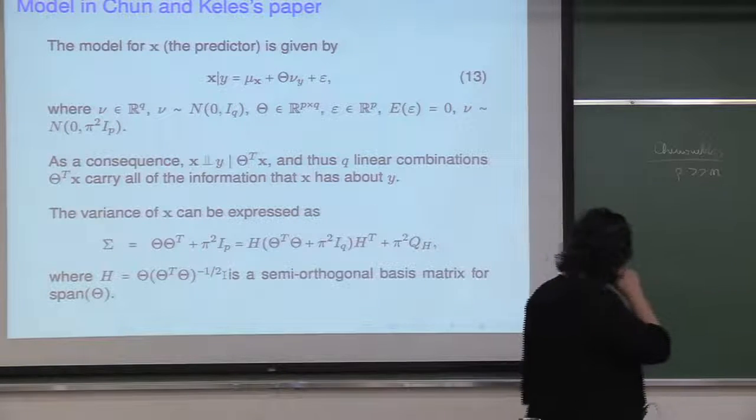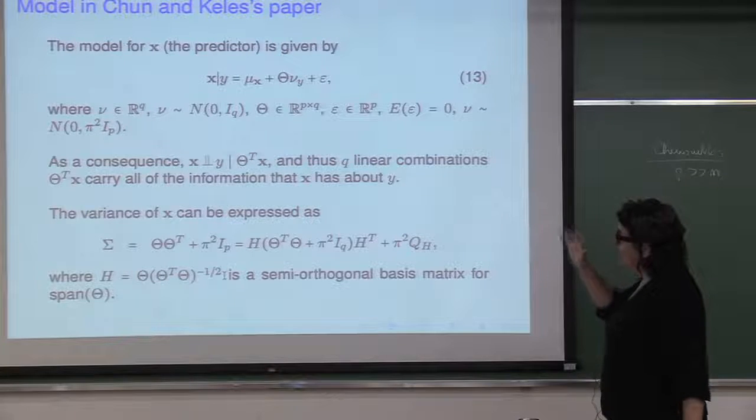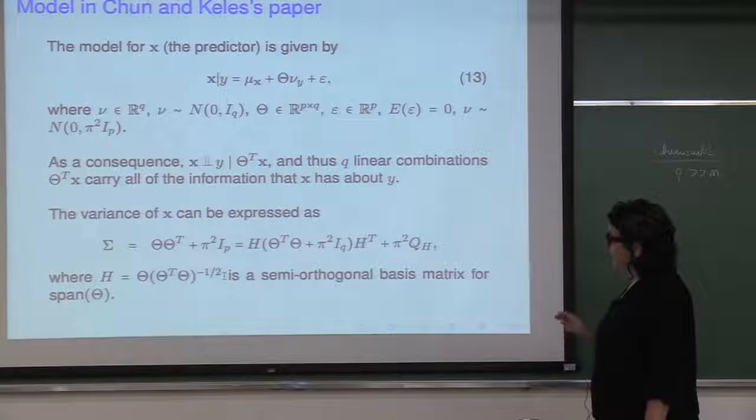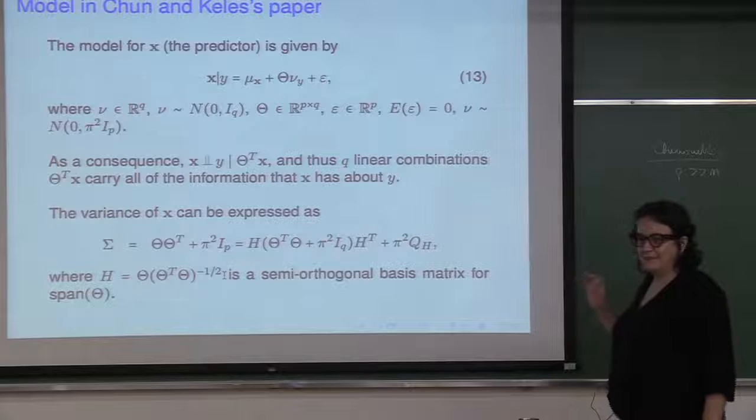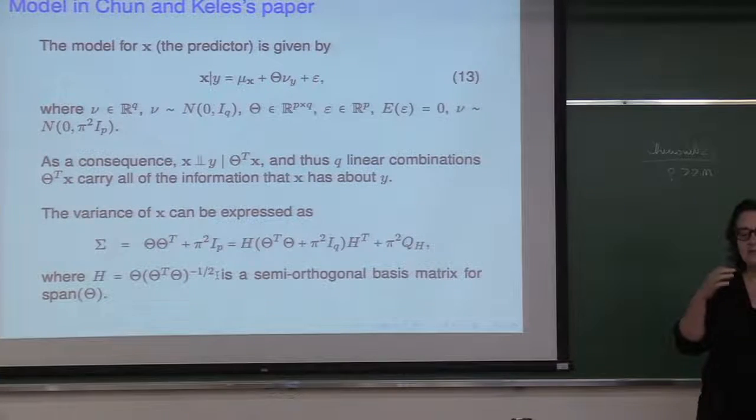I want to give you an idea. The model that they put is the following. This is called inverse regression. I work in general with something called sufficient dimension reduction.